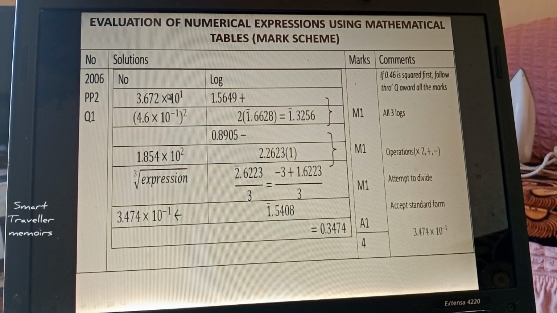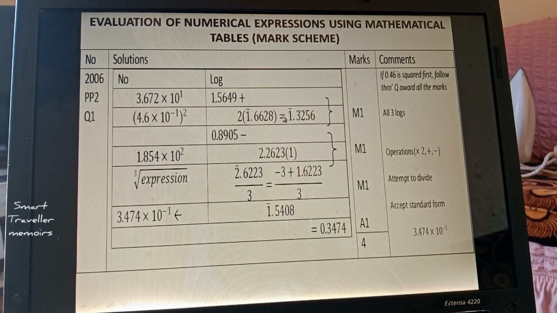So, for example, here you are getting this direct. Here you find the logarithm of 4.6 times 10 to the negative 1, which is bar 1.6628. You multiply by 2 because it is squared.